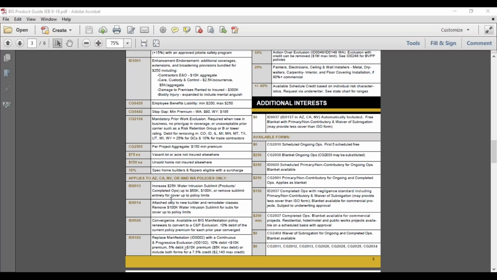Same thing with the ID 0014 with the subcontractor. Suppose it's a GC again, and they have some subcontractors who are doing whatever work. That subcontractor's work is sublimited to $100,000 of water intrusion, and you can choose to remove it by removing the ID 0014.